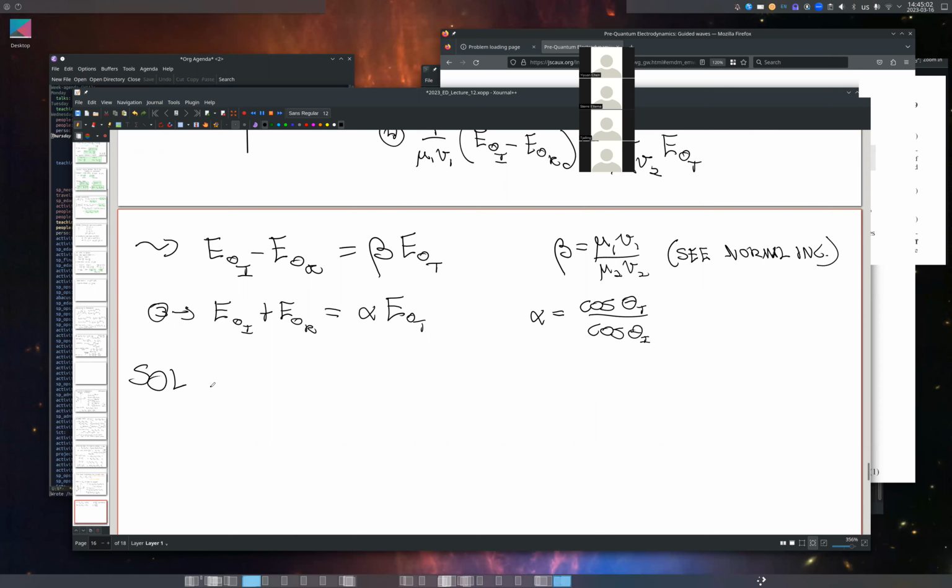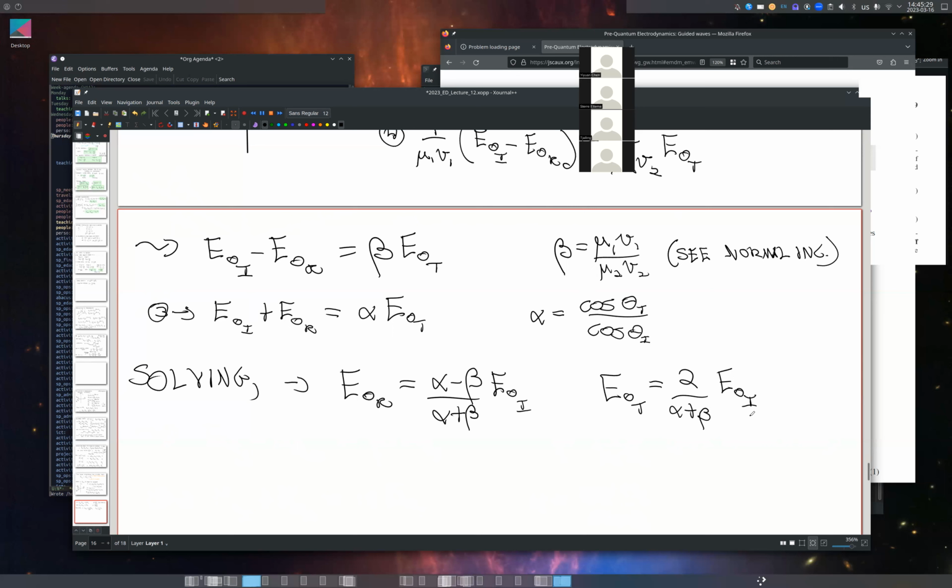So solving, what you get is that E0 reflected is equal to alpha minus beta over alpha plus beta times E0 incident, and you get that E0 transmitted is equal to 2 over alpha plus beta times E0 incident.